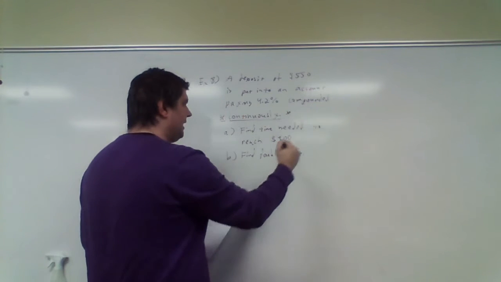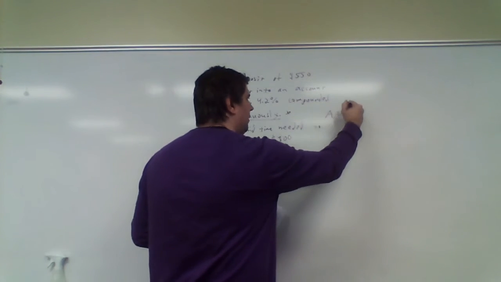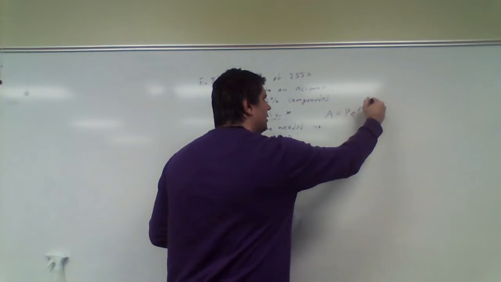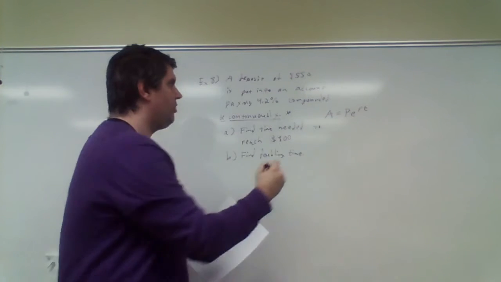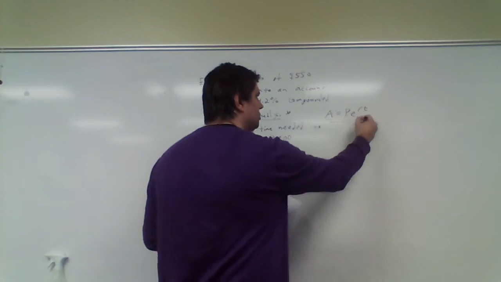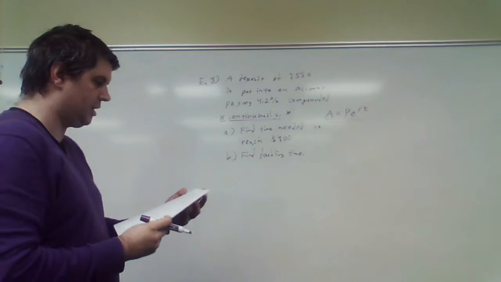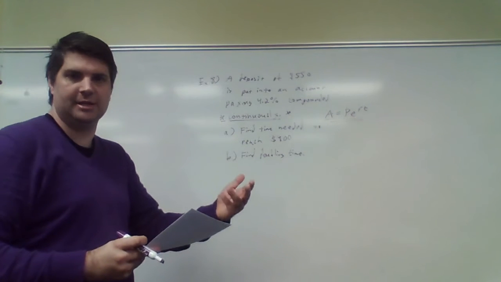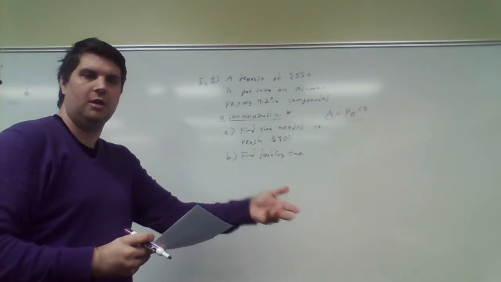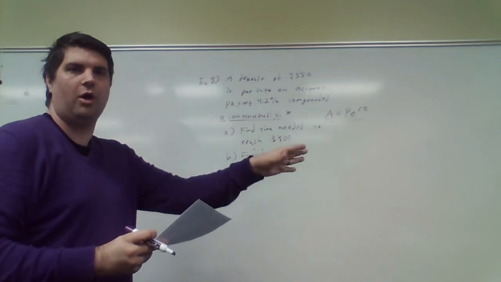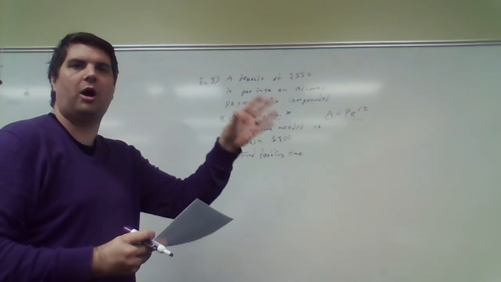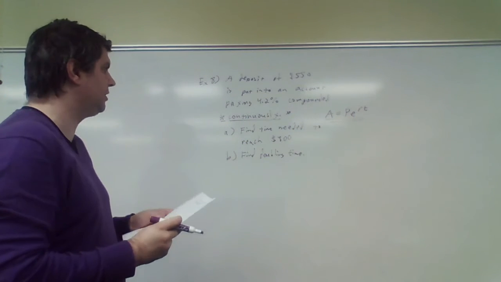So the formula is A equals P E to the RT power. That's the formula that we would use because it's compounded continuously. If it said anything other than continuously, like monthly, quarterly, or annually, we'd use the other formulas for compound interest.